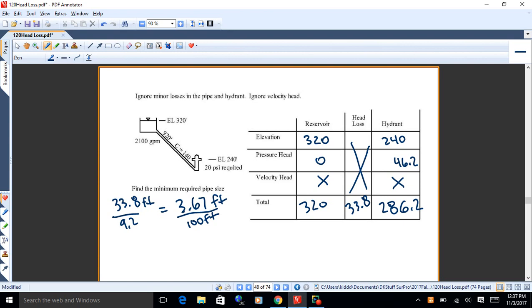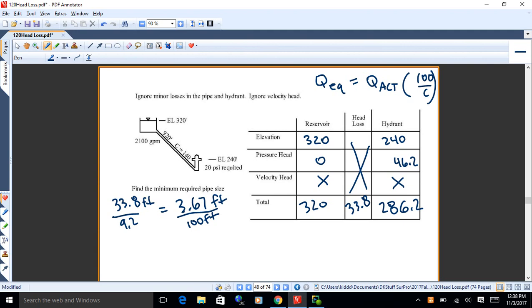Now, we have our formula here that the equivalent flow is the actual flow times 100 over C. So what do we have there with the 2100? Is that an actual flow that we really need, or is it an equivalent flow? That's actual, yeah.